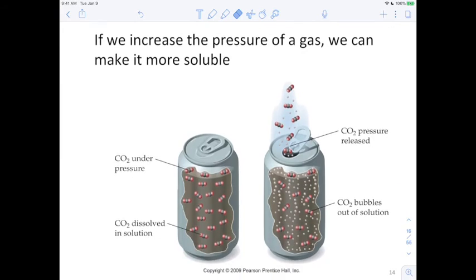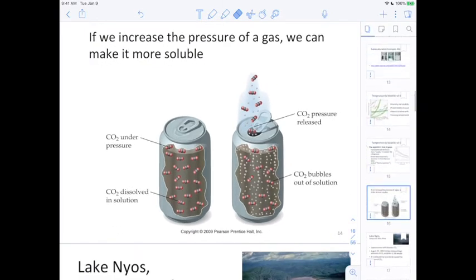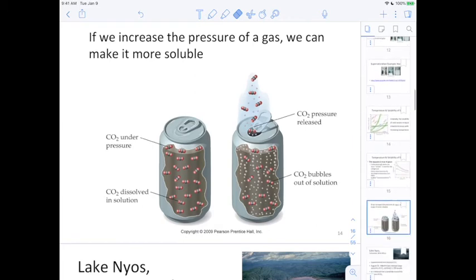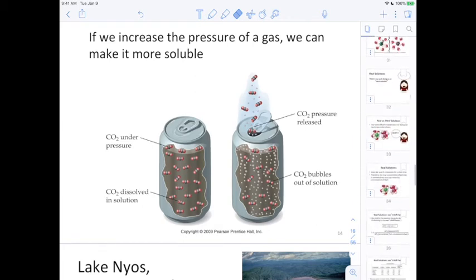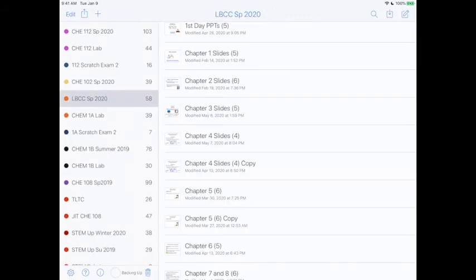So here it says if we increase the pressure of a gas, we can make it more soluble. Let me actually check something. I feel like we're missing a slide here. Give me just one second to check my notes. I'm hoping I didn't accidentally delete a slide.